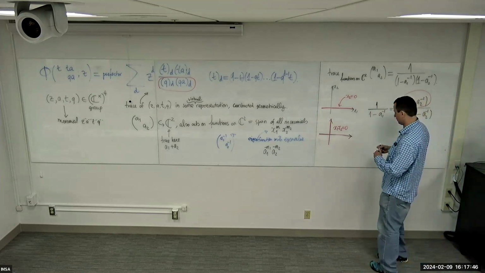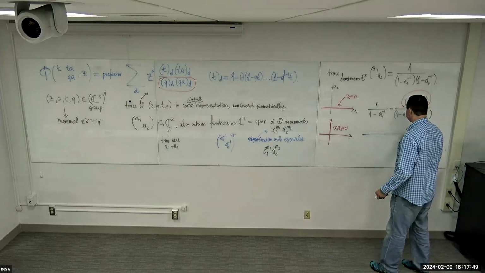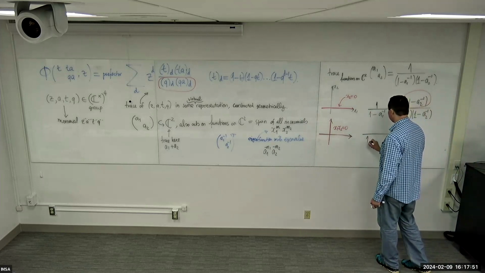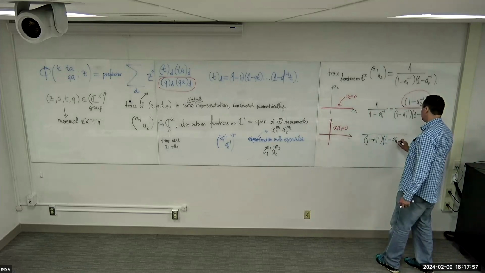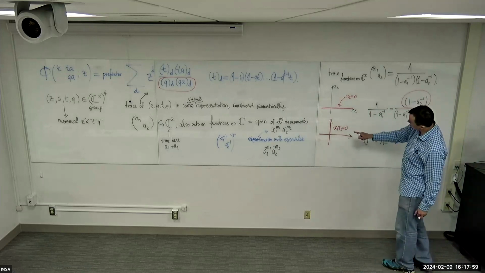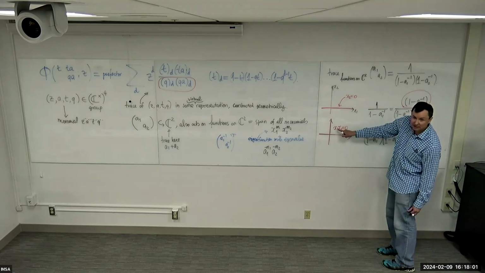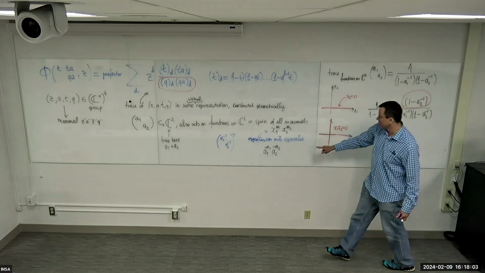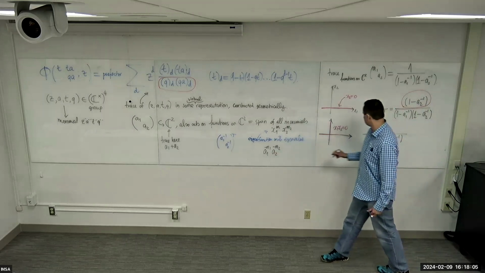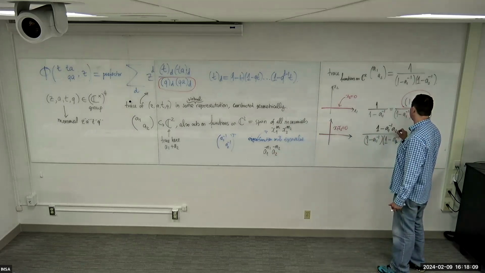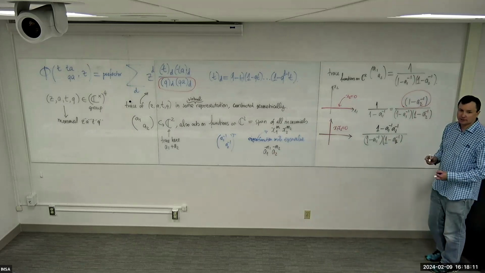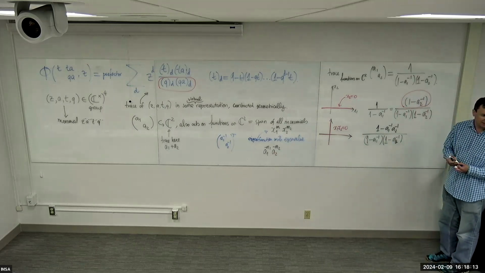And so you can easily convince yourself that this character is given by 1 minus, take all functions. And then what has an eigenvalue of this kind? This has eigenvalue A1 inverse, A2 inverse. So we have to put 1 minus A1 inverse, A2 inverse. And you can easily check that it's correct.